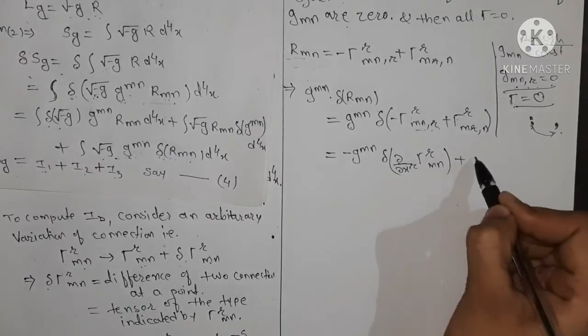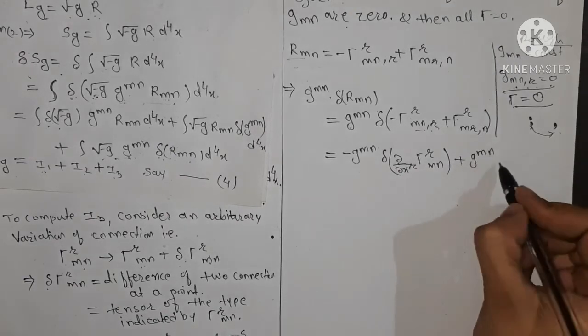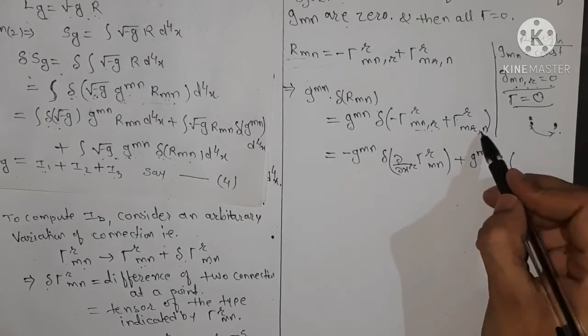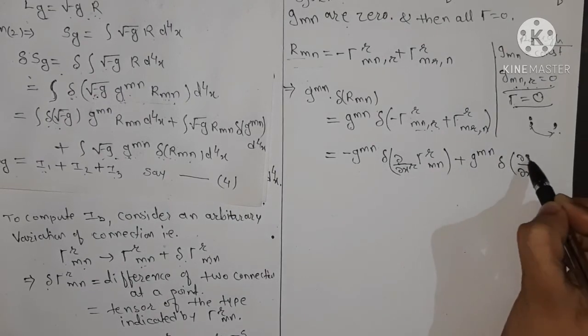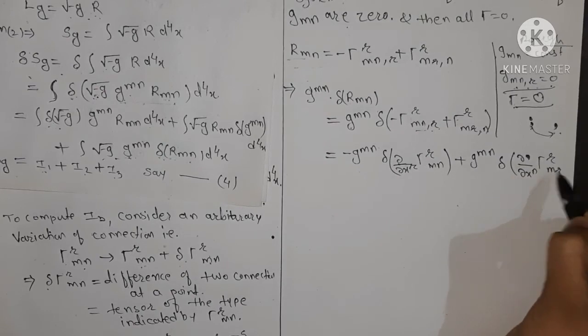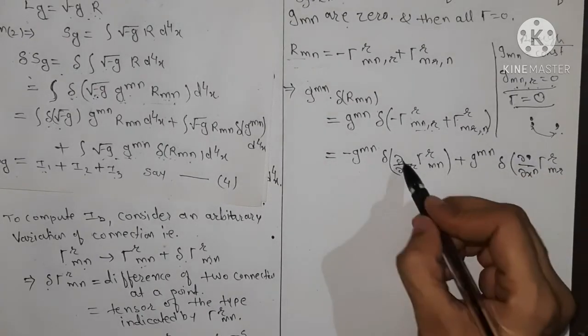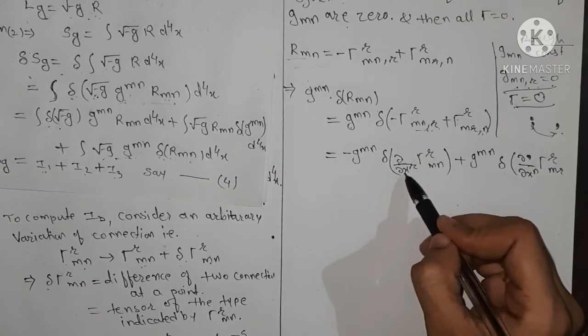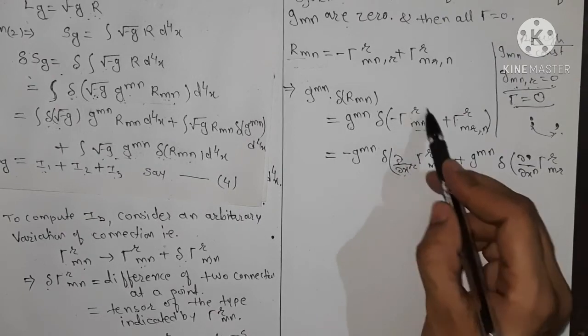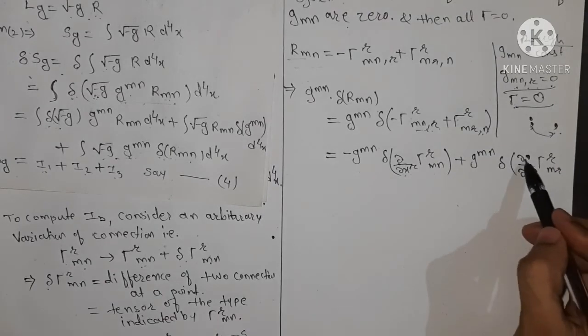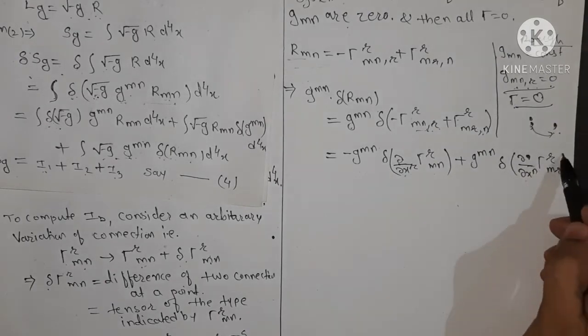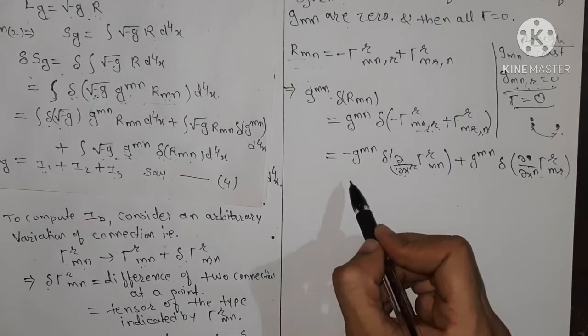Plus g^{mn} δ of this comma n, which is the same as ∂/∂x^n of Γ^r_{mr}. Comma means the partial derivative. So comma r means derivative ∂/∂x^r of this Christoffel symbol of second kind, and δ of ∂/∂x^n of this Christoffel symbol, that is of Γ.